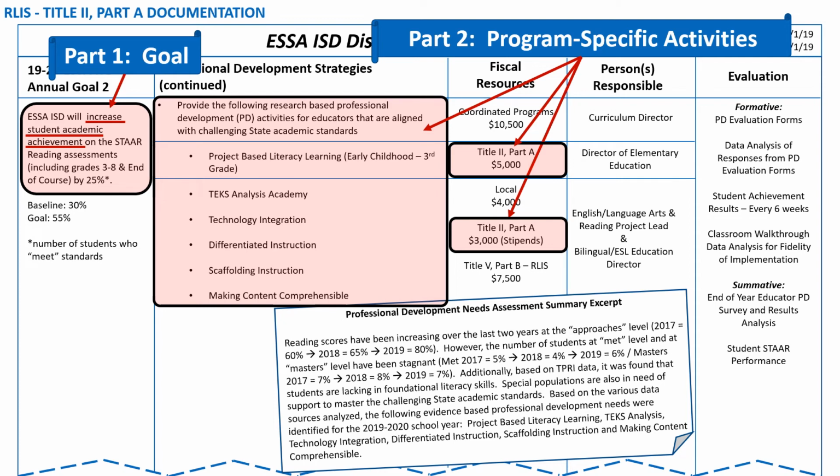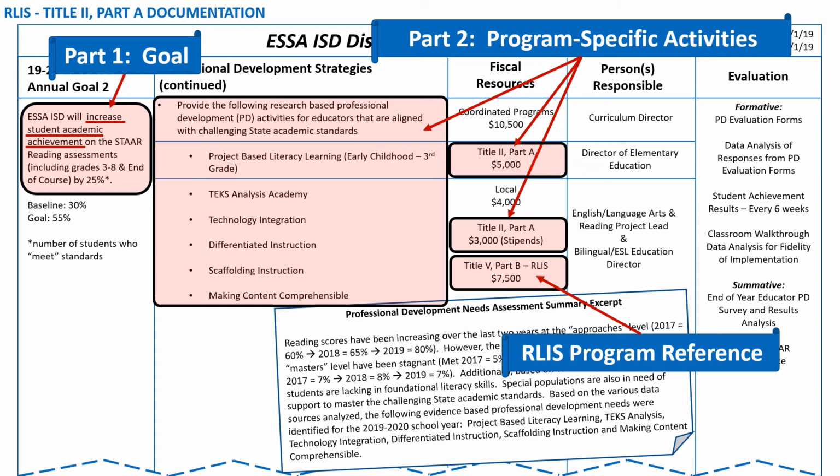Some of the activities that they have listed in their district improvement plan are project-based literacy learning, TICS Analysis Academy, technology integration, differentiated instruction, scaffolding instruction, making content comprehensible. Additionally, the district indicated that they spent $7,500 of their Title V Part B RLIS funds.